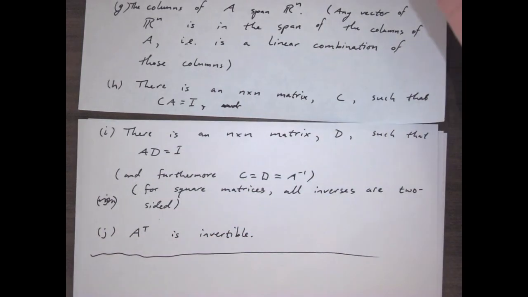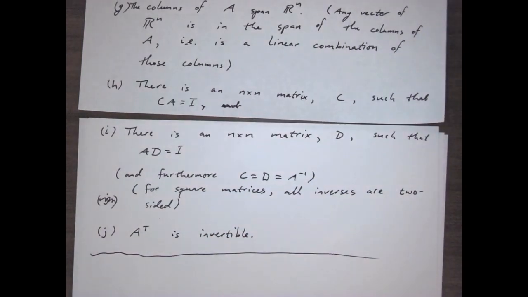And the use of this theorem is that if you want to say that a matrix is invertible, which is going to be our first task of this, we just need to show that any single one of these things is true. So if any single one of these things turns out to be true, then we know the matrix is invertible.